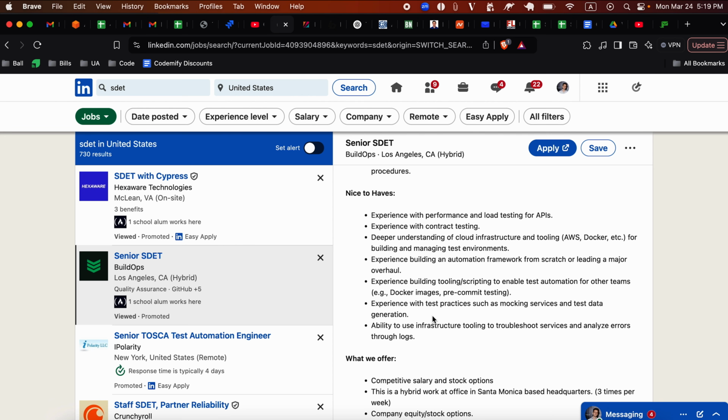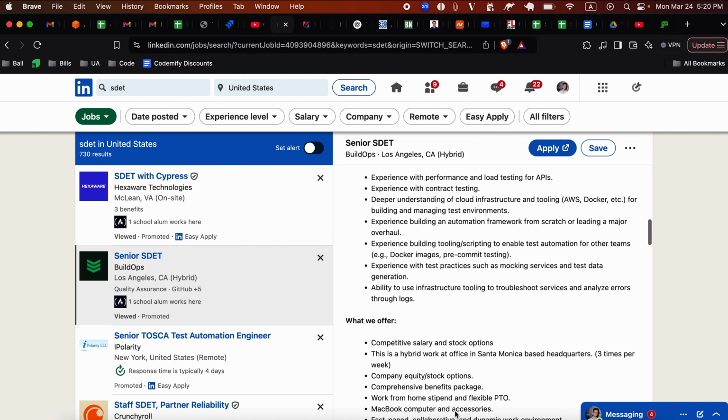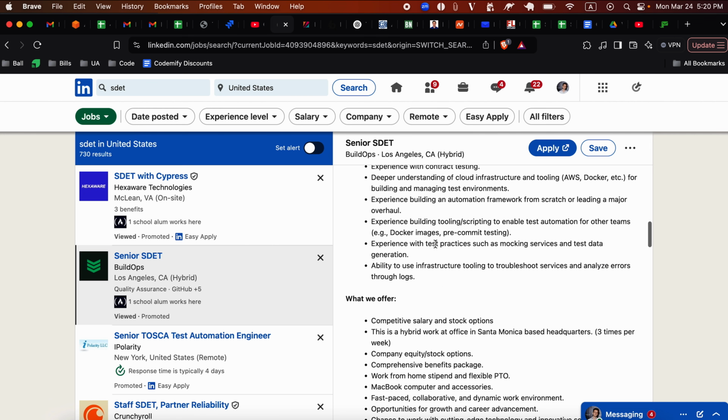Experience with test practices such as mocking services and test data generation. Mocking services is the way to simplify your testing and get rid of third-party integrations. Alrighty, next one. Ability to use infrastructure tooling to troubleshoot services and analyze through logs.